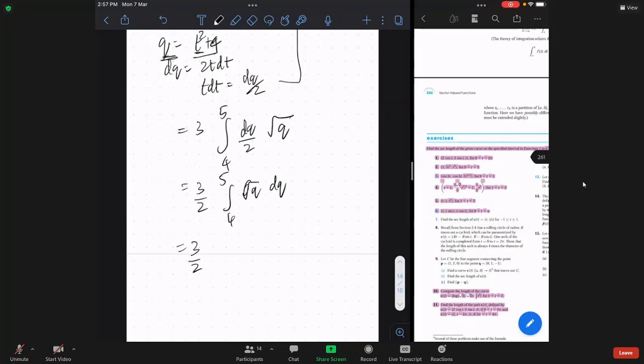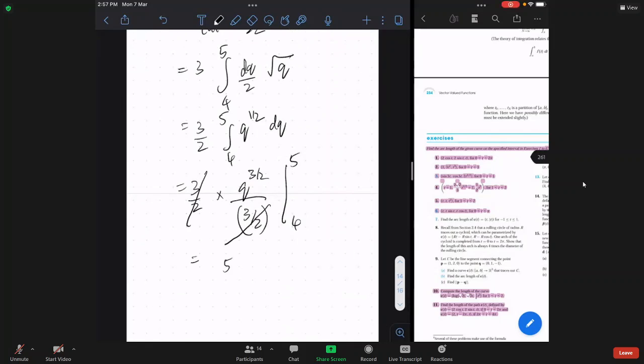So this is basically root of q. I can just write it as q power half. The integral of x power n is, I'm using that formula, q power 3 by 2 by 3 by 2, at the interval 4 to 5. This 3 by 2 and this 3 by 2 get cancelled.